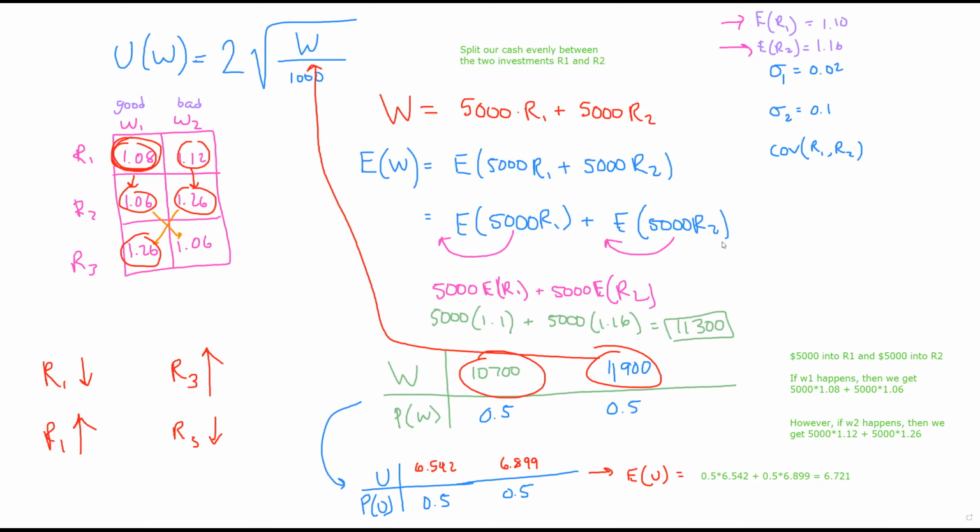Okay, so investment strategy 1 gave us an average wealth of $11,300 and an expected utility of 6.721.